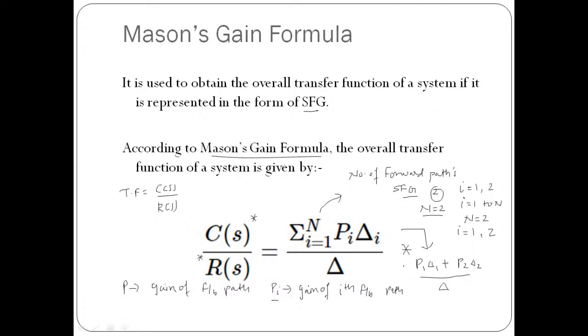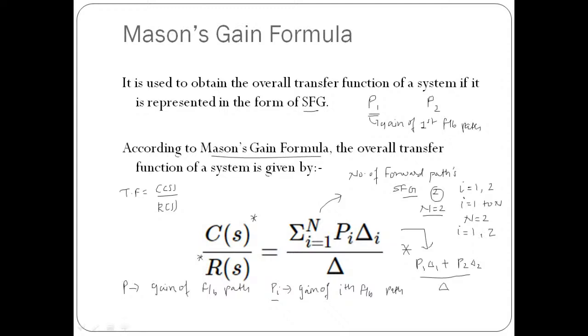In the same way, for example, in our numerical, suppose we have only two forward paths, so we need to find the value of P1 as well as P2. Now what does P1 indicate? P1 indicates the gain of the first forward path. Whatever path we have chosen as the first forward path, the gain of that path is indicated by P1.